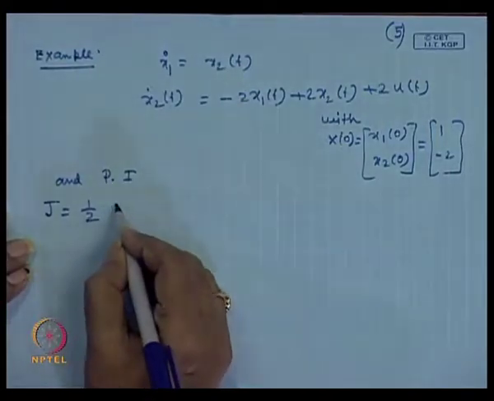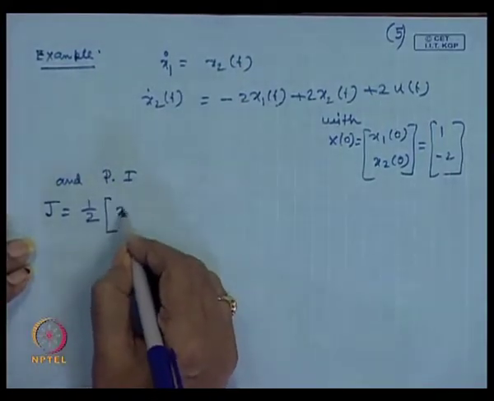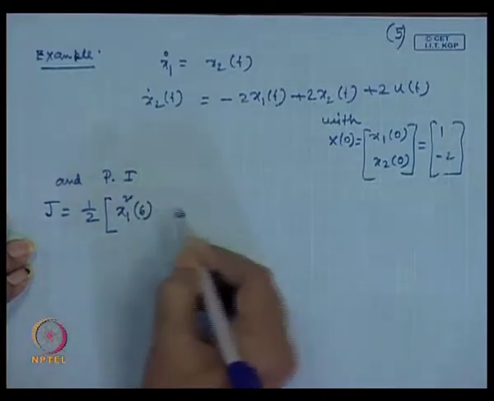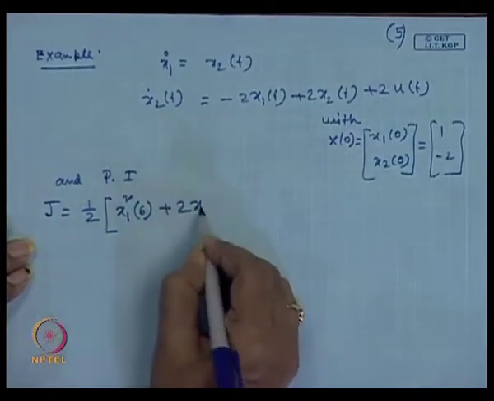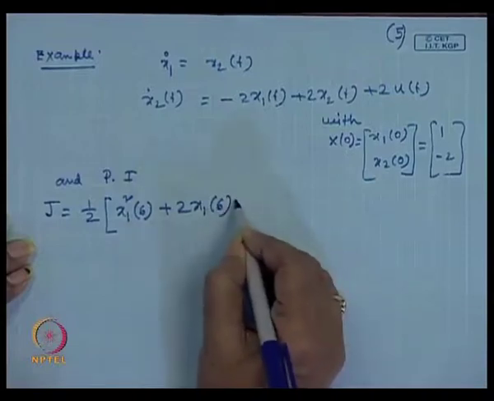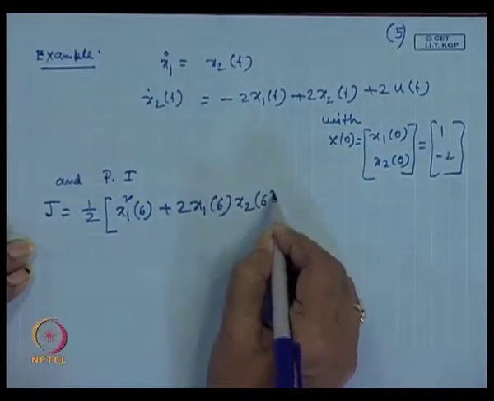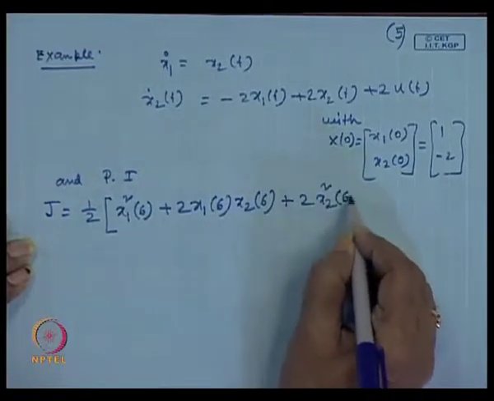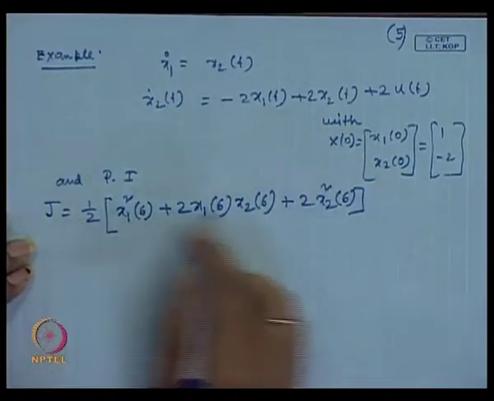So, this is given: x 1 square of 6 plus twice x 1 of 6 x 2 of 6 plus twice x 2 square of 6. This is the terminal cost.